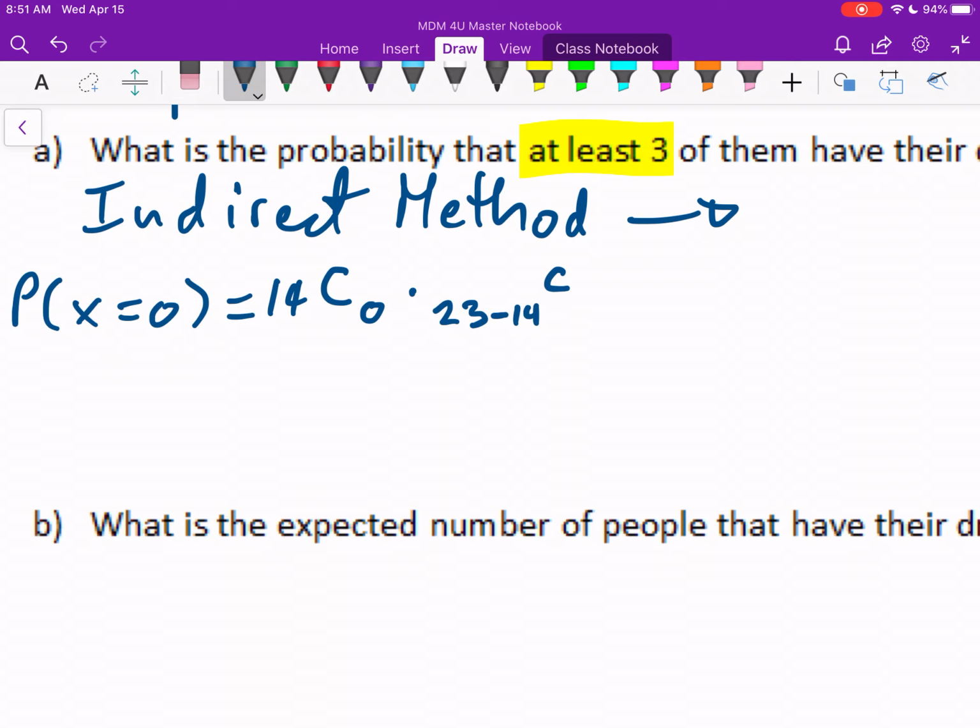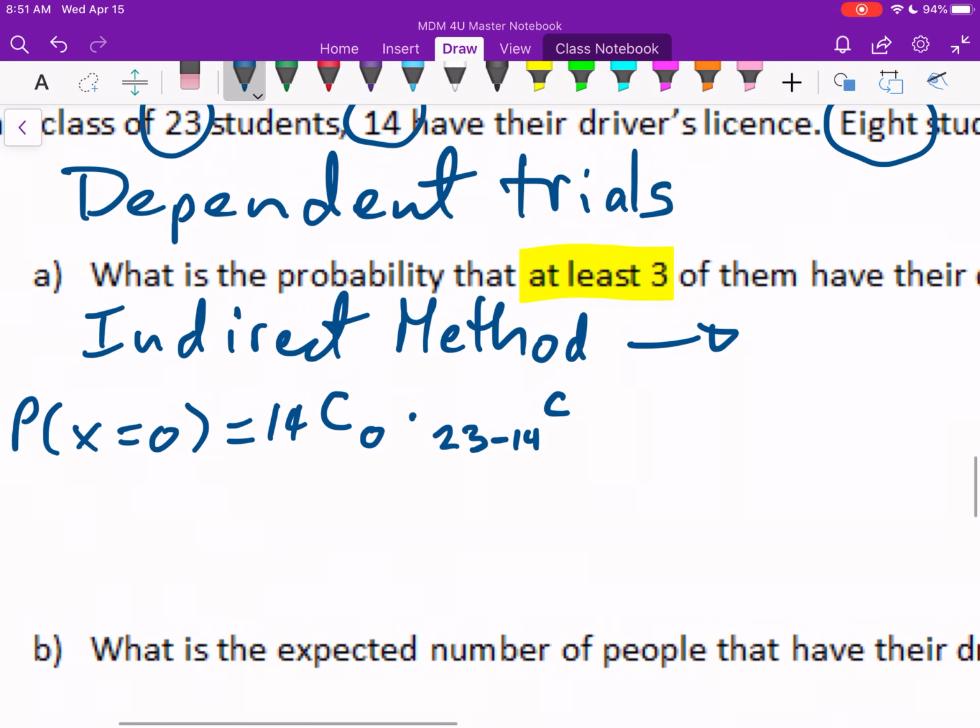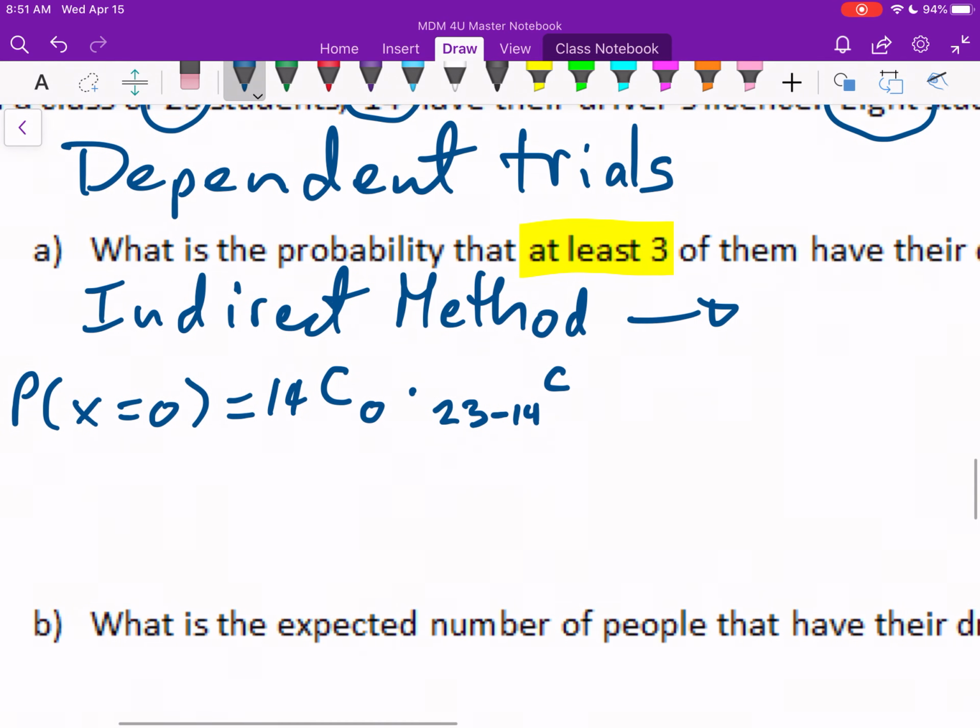And then I want to have 8 minus 0, so in other words, 8 trials. I'll write it out in full in this case, and that would be over 23 choose 8.